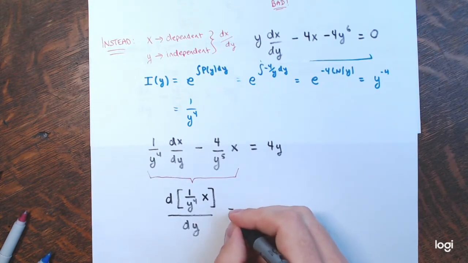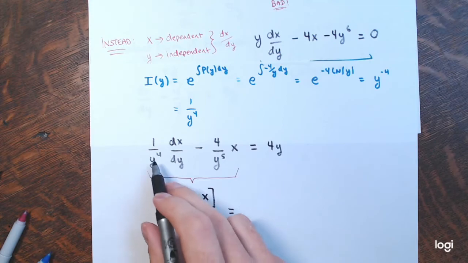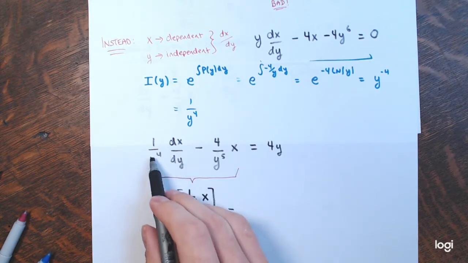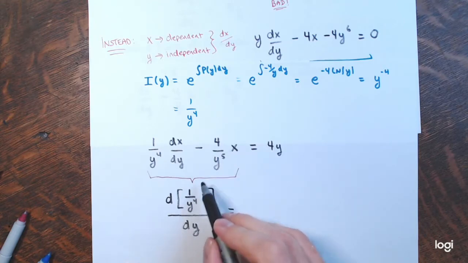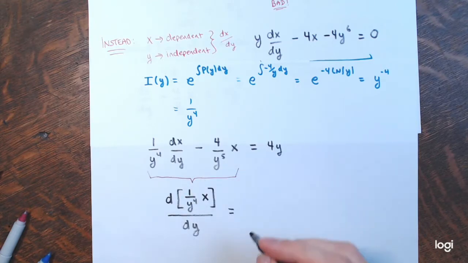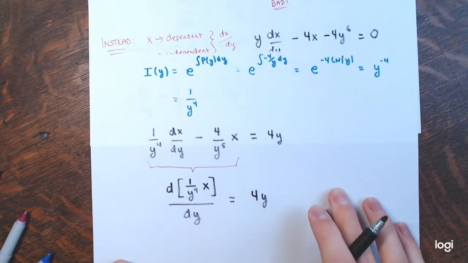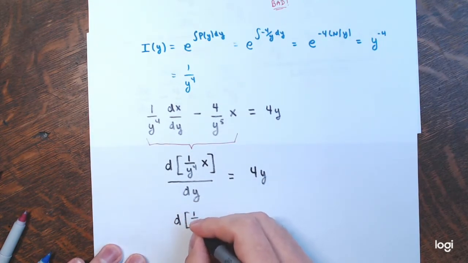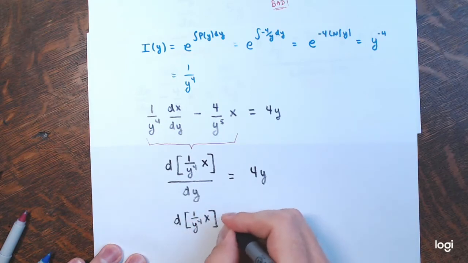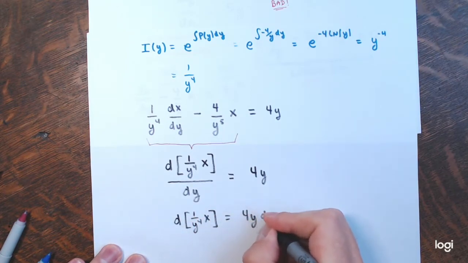And then over here, you can again do the product rule. First times the derivative of the second with respect to y, plus the second times the derivative of the first with respect to y, equals 4y. And then I'll separate the differentials: 4y dy.